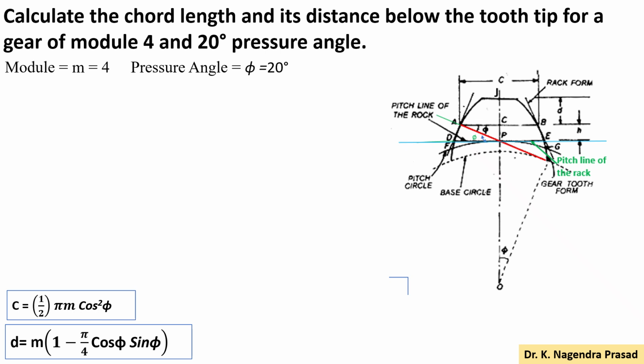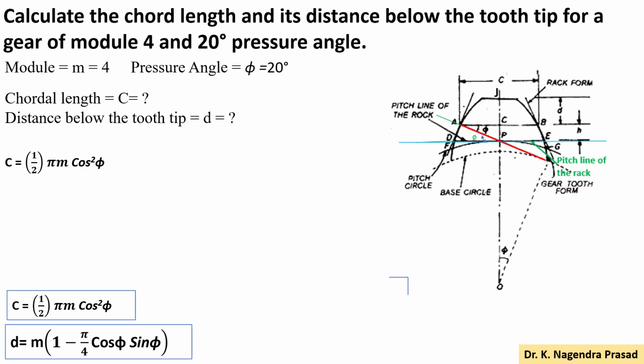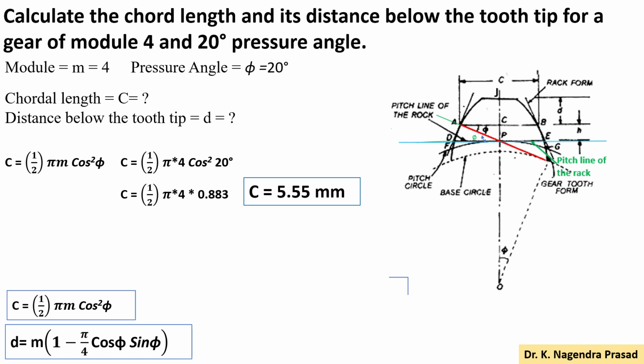First we go for the chord length. C equals pi m by 2 into cos square phi. We know the m value and the pressure angle phi. Then C becomes 1 by 2 into pi into 4 into cos square 20 degrees. If you solve this, we get the C value as 5.55 mm.